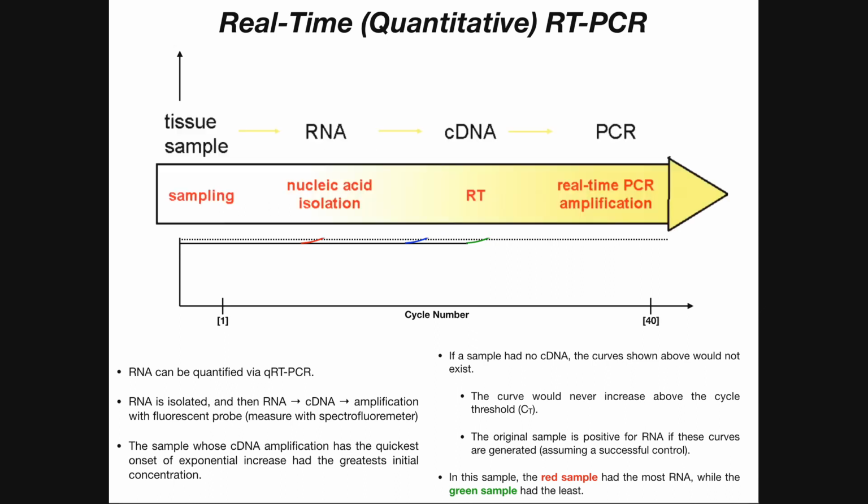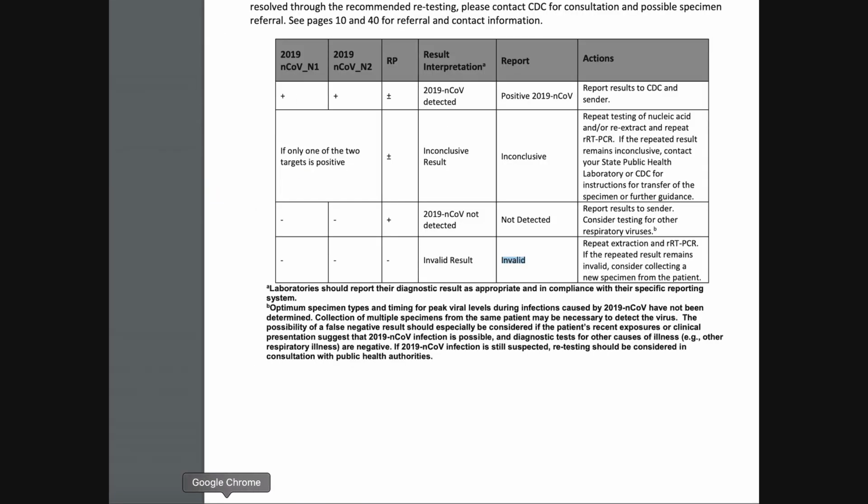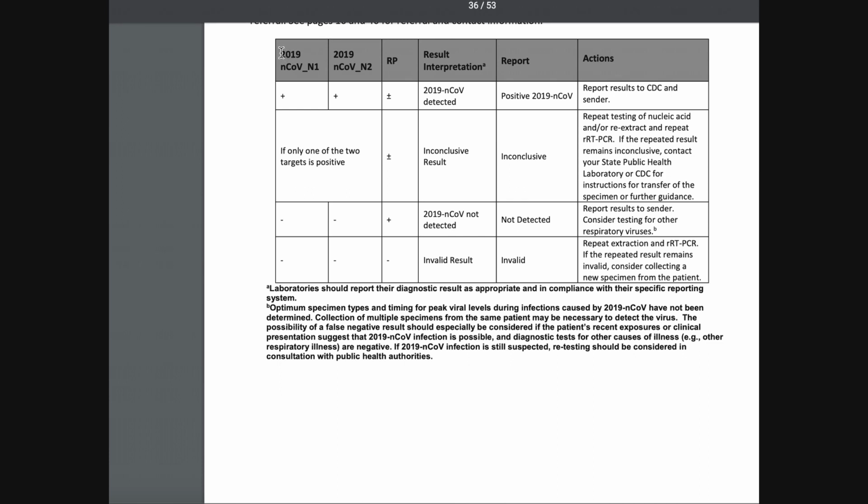And so you have to backtrack on this logic. If you have that fluorescence, you originally had the viral DNA, which means you originally had the viral RNA, which means you potentially have the virus. But the key here is that you can't just say, oh, I've got one viral gene, therefore I have the virus. You have to follow this strict protocol for the interpretation, and in some cases it may actually be inconclusive or invalid.